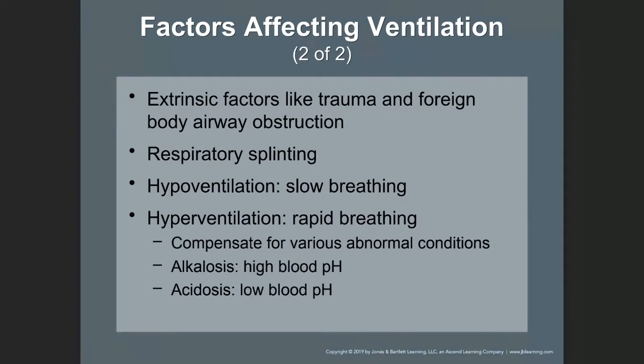So a patient can develop alkalosis, which is high blood pH, and acidosis, which is low blood pH. And if the pH level and the CO2 level are moving, then you should be thinking about a respiratory type of acidosis or alkalosis.